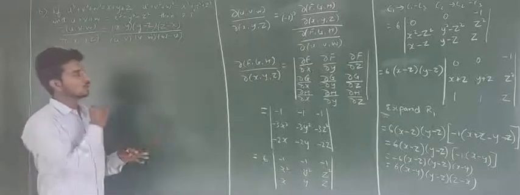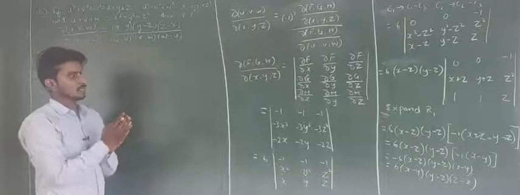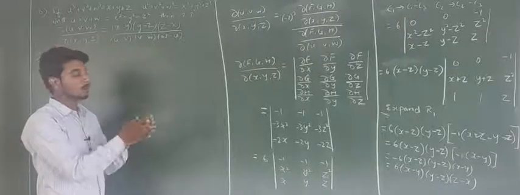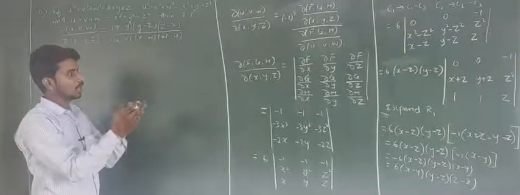The denominator part will be similar to the numerator part, that is, instead of x, y, z we take u, v, w.